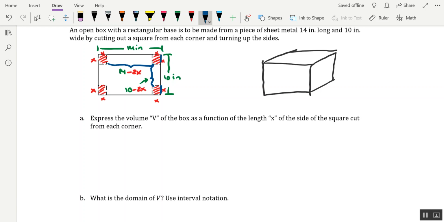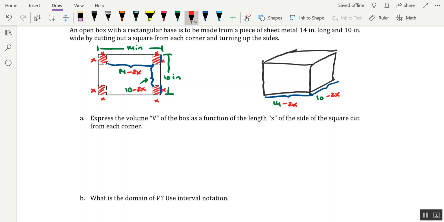Well, we have two of those expressions, and we'll figure out what the height expression is afterwards, after I mark these dimensions. So the new length of the box, as we saw, is 14 minus 2x. The new width for this box is going to be 10 minus 2x.